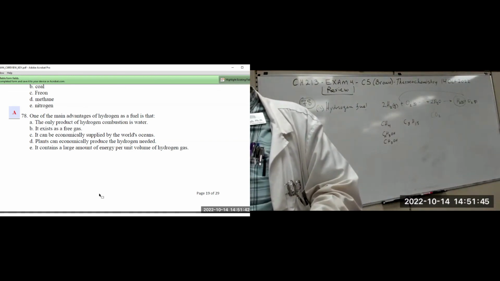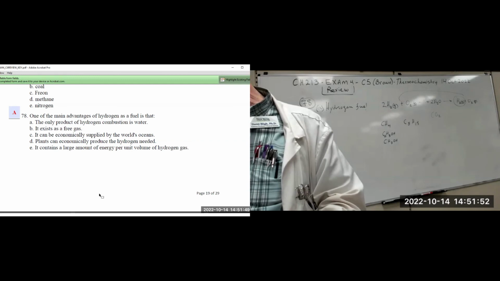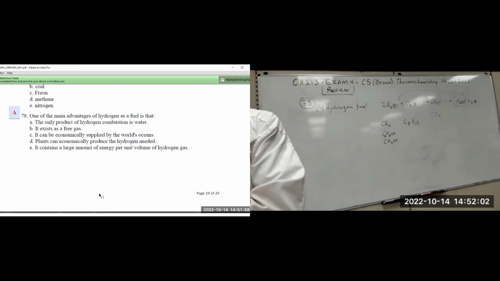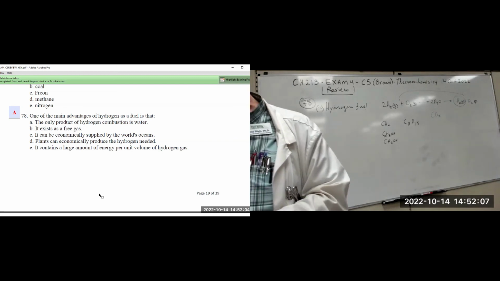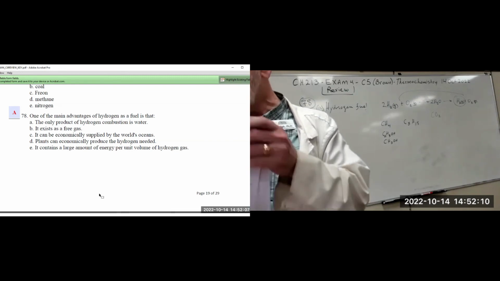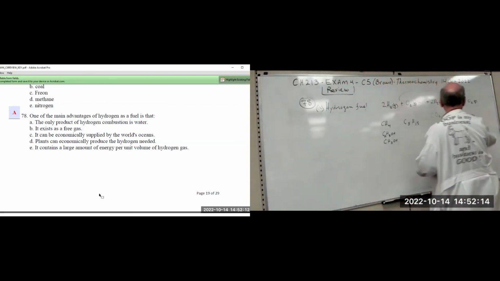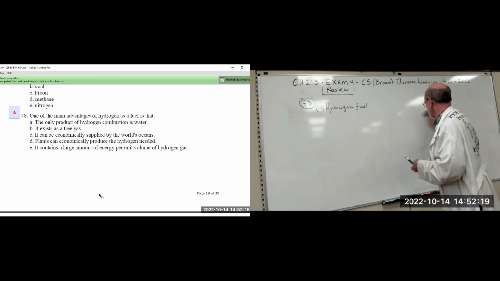All right, a lot of those problems at the end of the chapter are repetitions from the earlier parts of the chapter. I was looking for one, and I don't see one. One where we use the heats of formation equation.